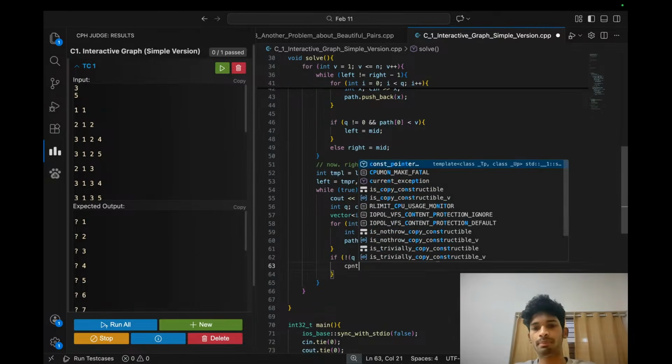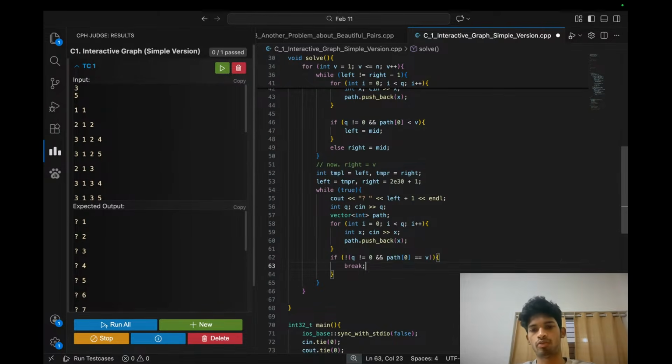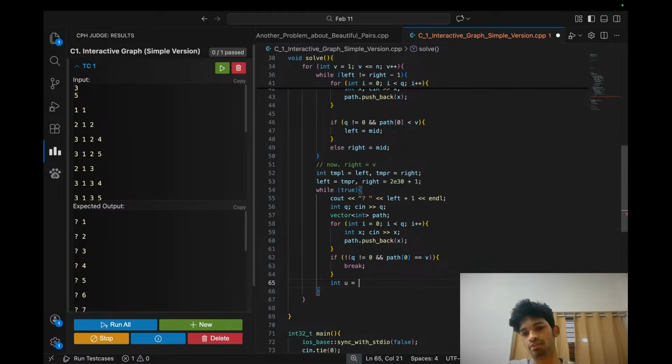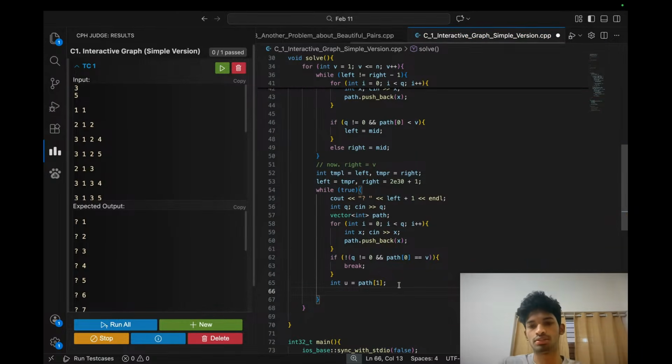So if this doesn't happen, break. We are done. But if this is happening, you want how far the same value goes. Int u equals to path of 2, 1. This will exist for sure because all these are two-length paths, right? So now you have u and then you have to do this thing again.